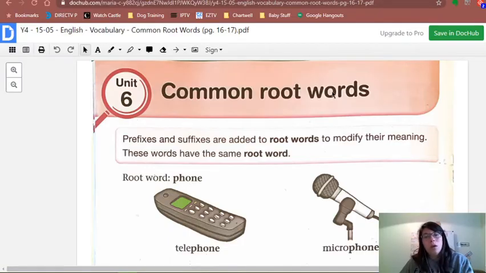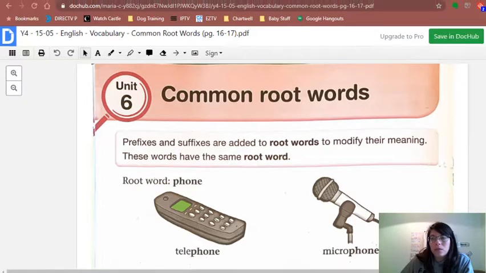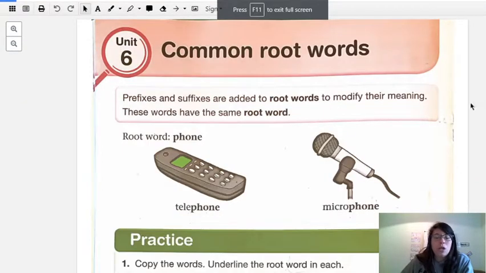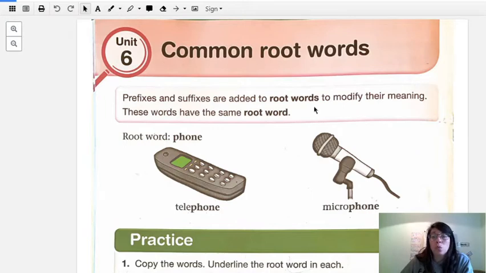Why? Well, because we're going to go into vocabulary and we're going to see something called common root words. I'm going to make this nice and big so that you can see it all wide on my screen. Okay, so common root words is when you have prefixes and suffixes added to the same base or root word and they change their meaning. So for example, these two words have the same root word.